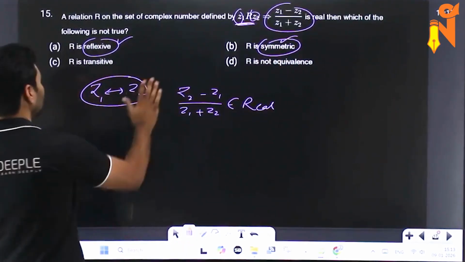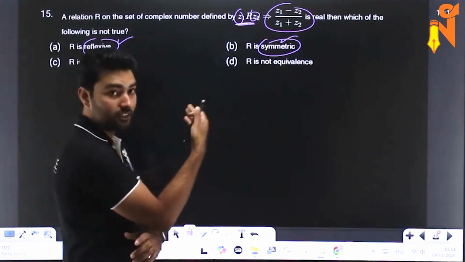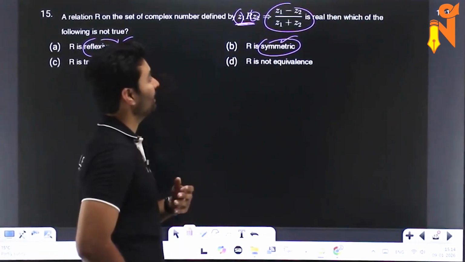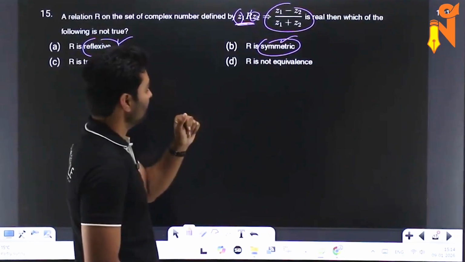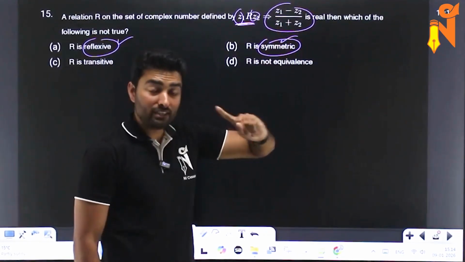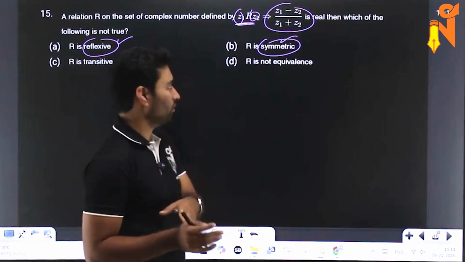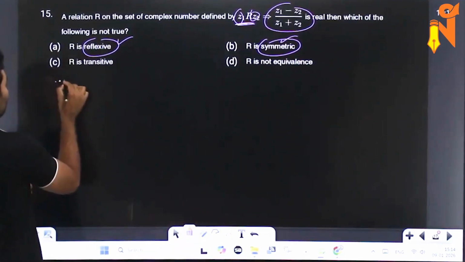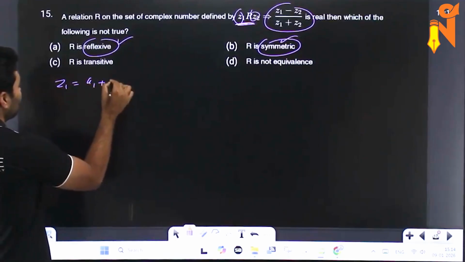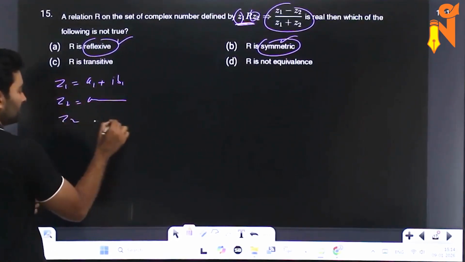Now for transitive, for this I have to check z1, z2 and z3 also. If, let's say, (0 minus z2) by this, and (z2 minus z3) by this, then (0 minus z3), so it will take time, obviously. Then I will put here z1 equal to a1 plus iota b1, z2 is a2 plus iota b2.